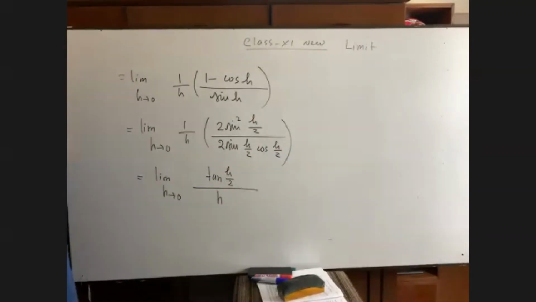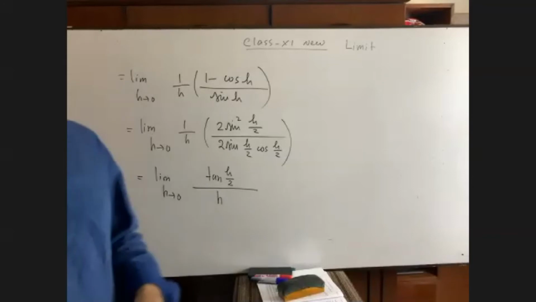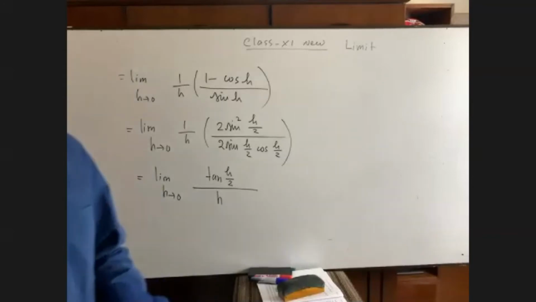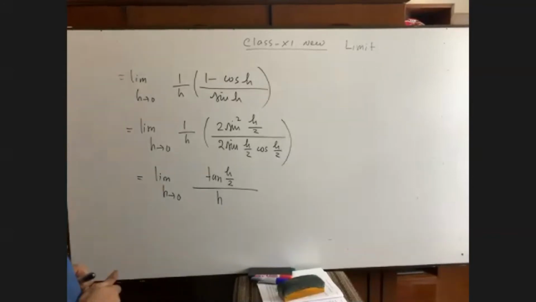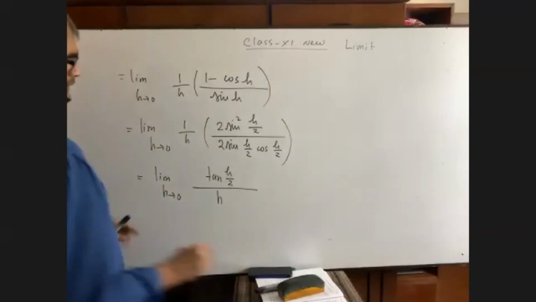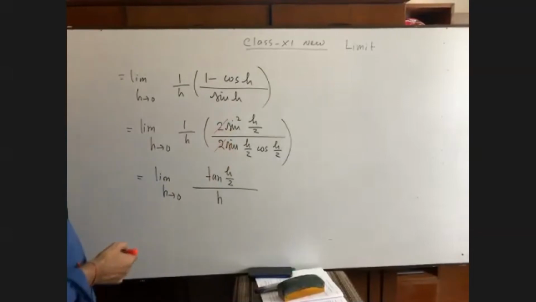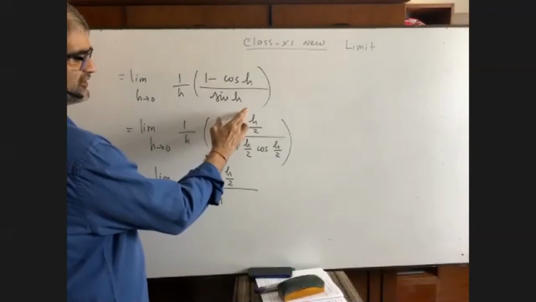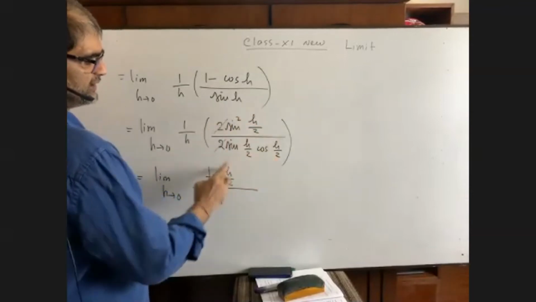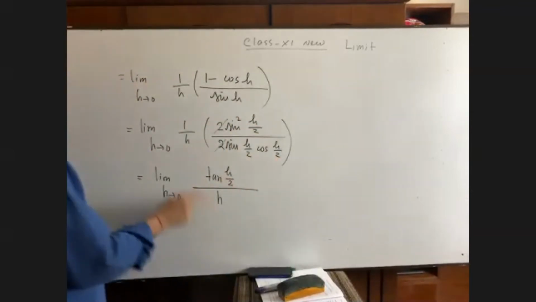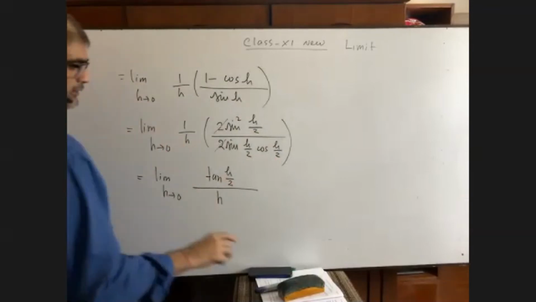Yes, 2 will be omitted, sine will be omitted. We'll be left with only one sine theta by 2 over cos theta by 2, that is tan theta by 2, and this is in the denominator. Please try to understand.